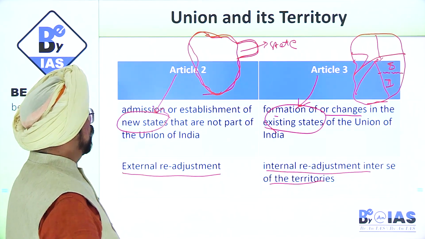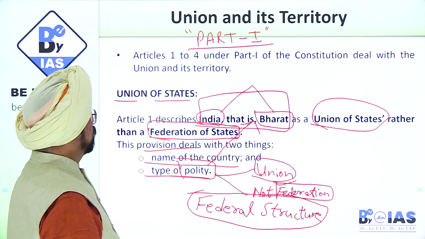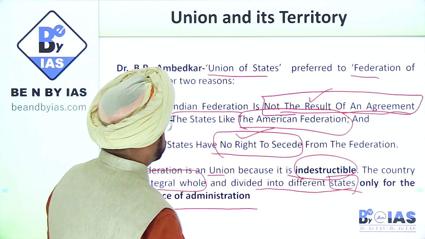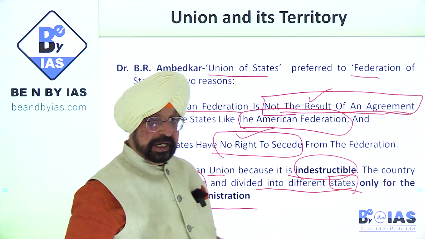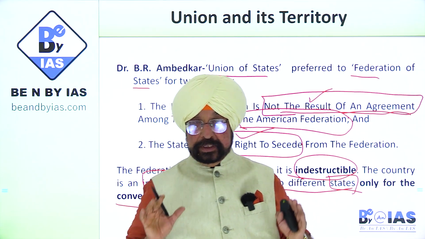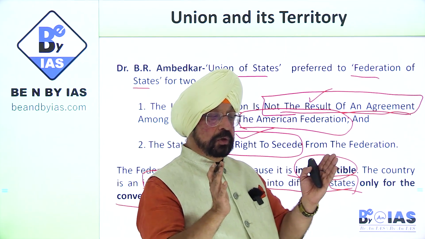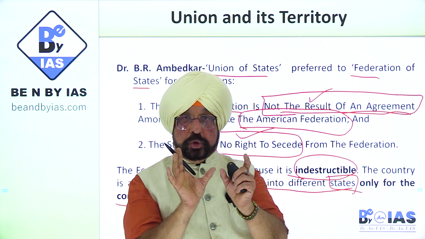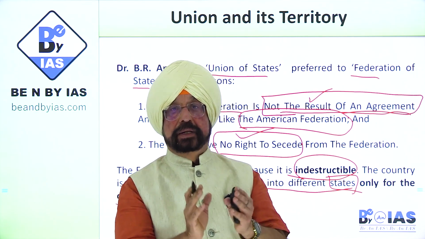We'll go back to our first slide, right? Here. Result of an agreement. Now, as you see in the case of America, USA, which is a typical case of a federal structure, the units join the federation through an agreement.